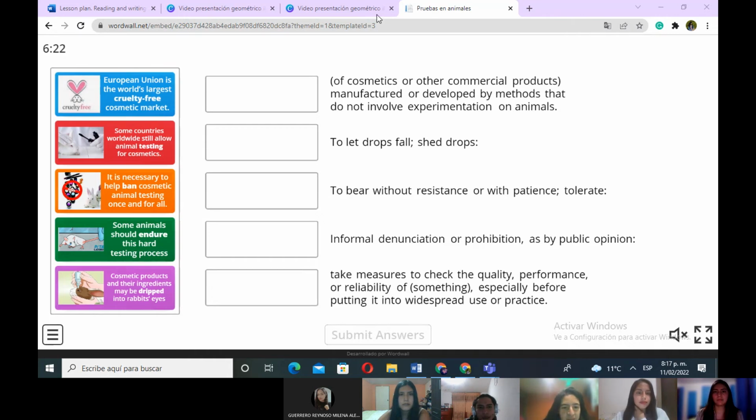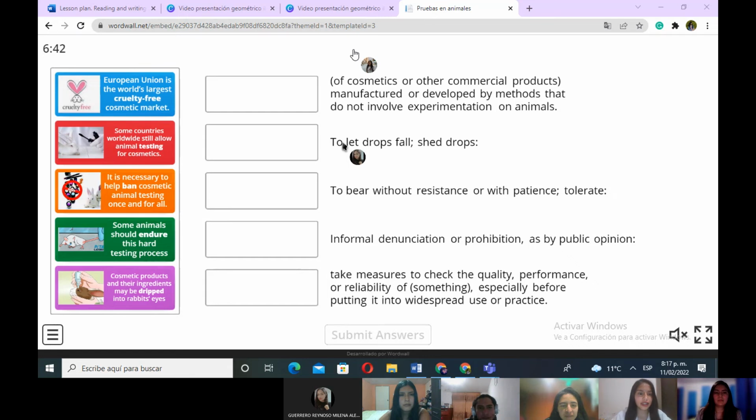I think it's the first one, of cosmetics or other commercial products.